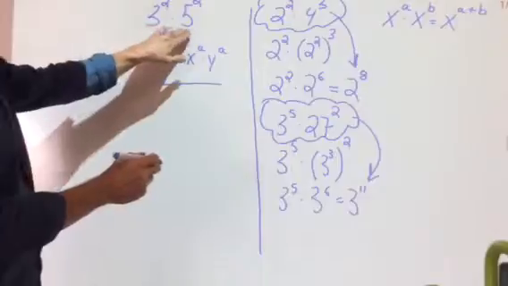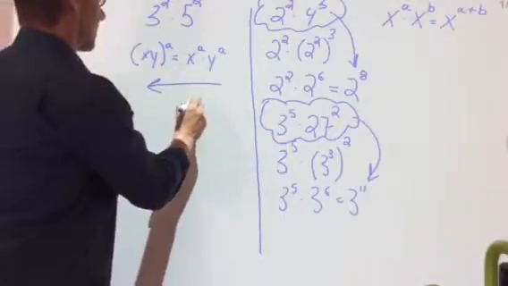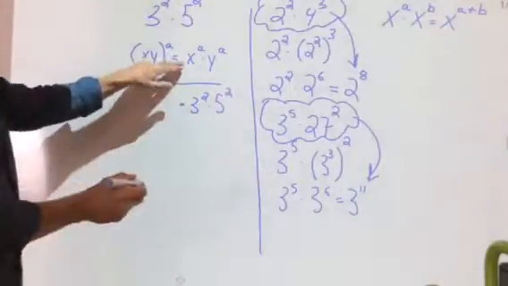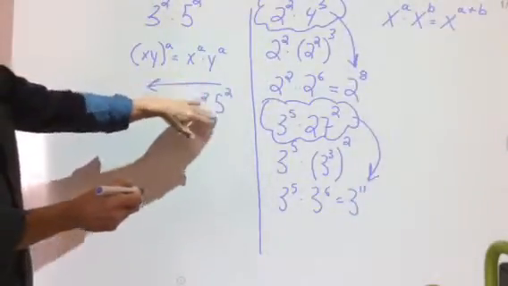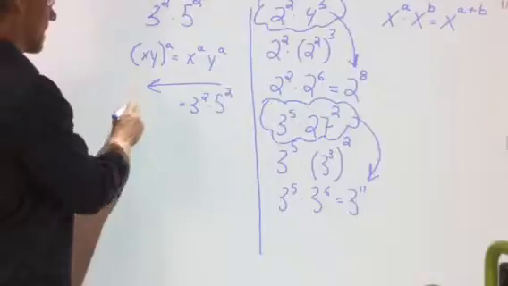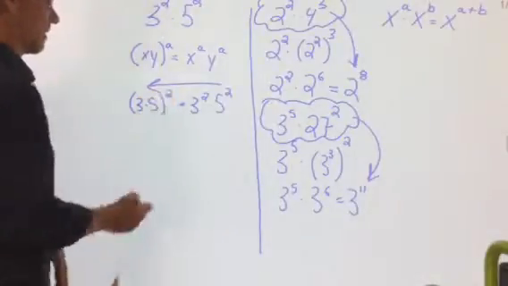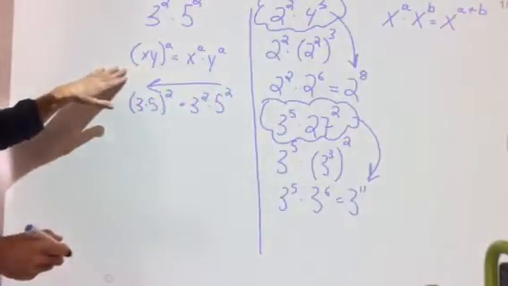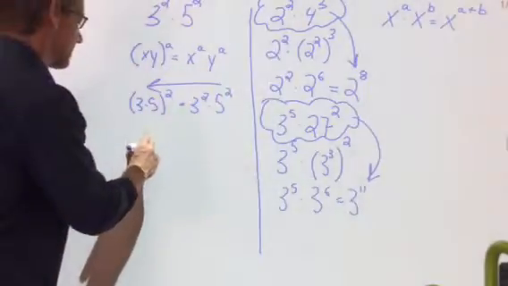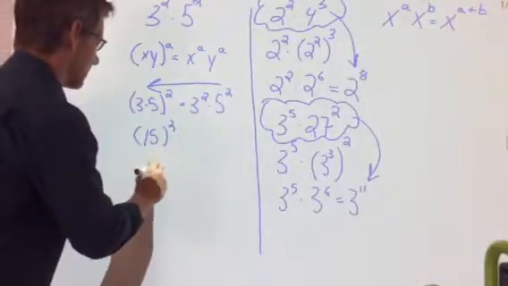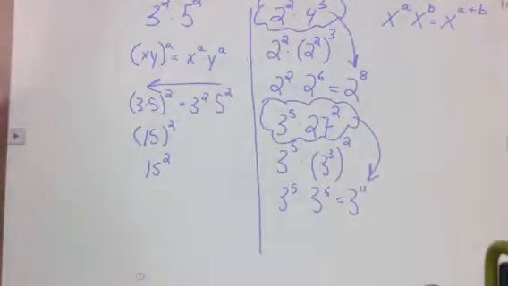If this is your x and this is your y, 3 squared times 5 squared, in this case I'm using 3 in place of x and 5 in place of y, I can rewrite that as 3 times 5 squared, taking this rule and putting it in reverse. 3 times 5 is 15. 15 squared.